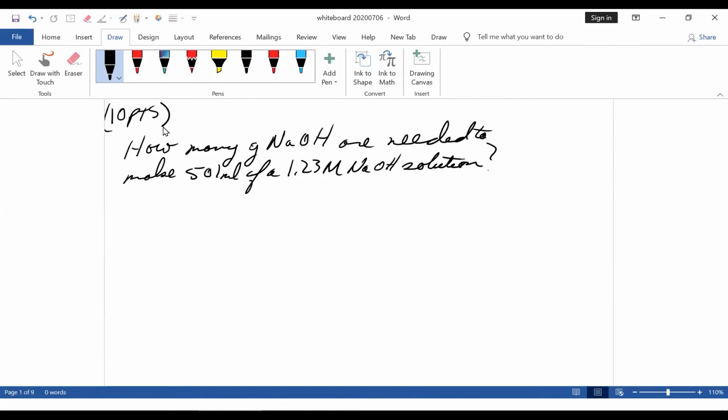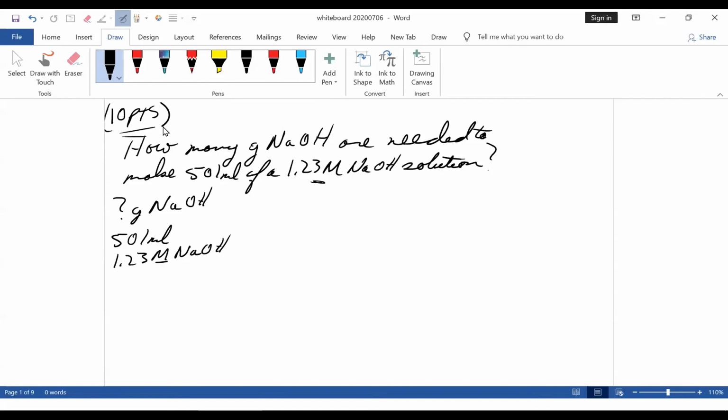All right, 10 points. How many grams of sodium hydroxide are needed to make 501 milliliters of a 1.23 molar, capital M is molar, NaOH solution? So what are we being asked to find? Grams of NaOH. What are we given? How much solution? We're also given this number, 1.23 capital M NaOH solution.